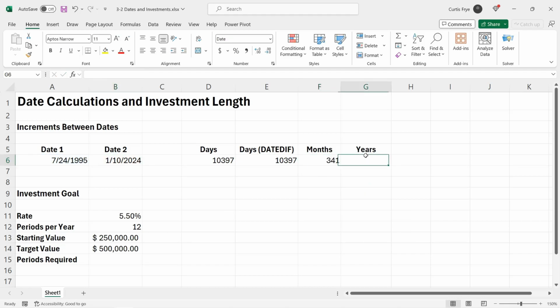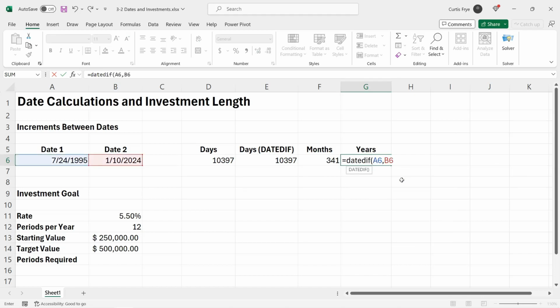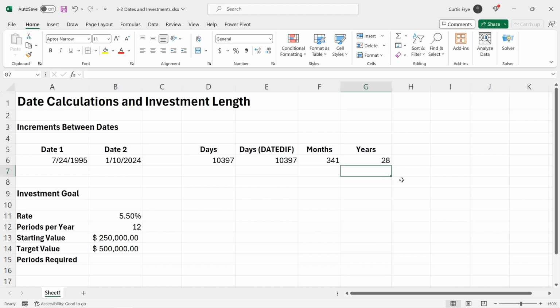And then for years, we can see how that's calculated. So in G6 equal DATEDIF, and again A6, B6, comma, and then in double quotes Y, and enter, and we get 28 years.